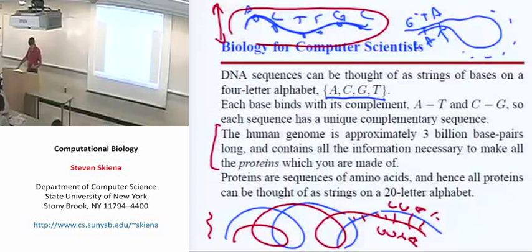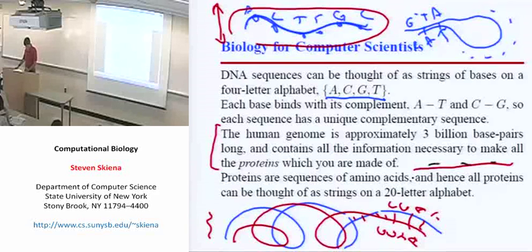Okay. Now, the main purpose of the genome, as far as we're concerned, is going to be to make proteins. And we'll talk more about what proteins are. But the model that I'm going to have, for the most part, is here is your string of length 3 billion. Here you've got 3 billion bases.